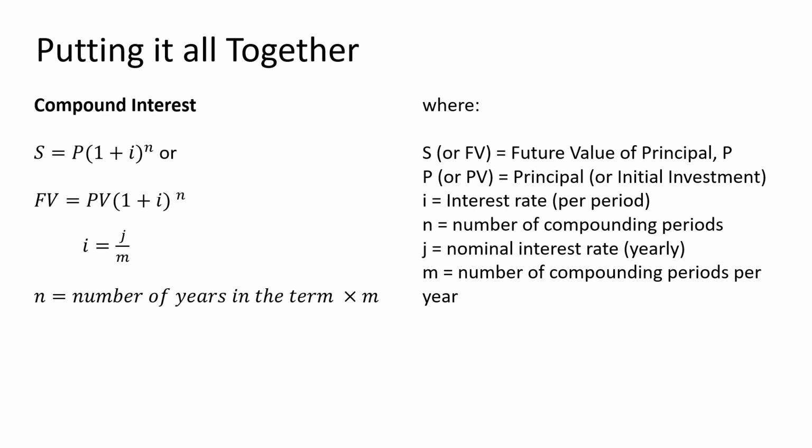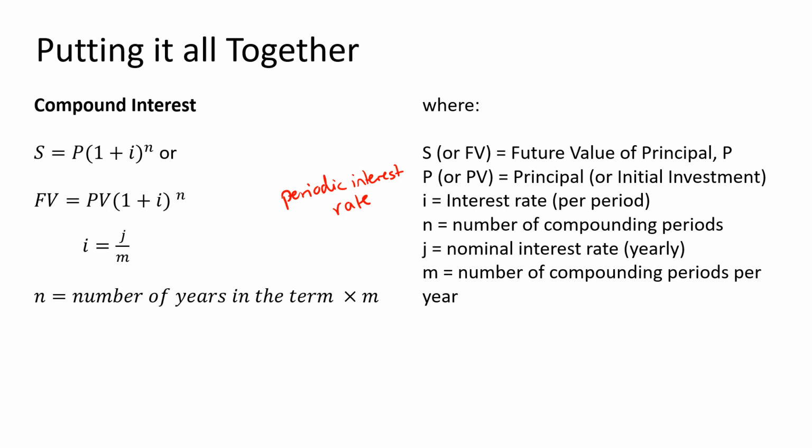So our formula, written the way it was in the textbook, S is equal to P times 1 plus I all to the exponent n. I here is the interest rate per period, also known as the periodic interest rate. N is our total number of compounding periods for the entire term of the investment.